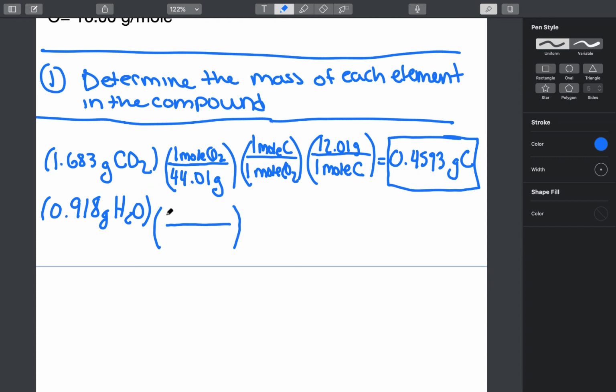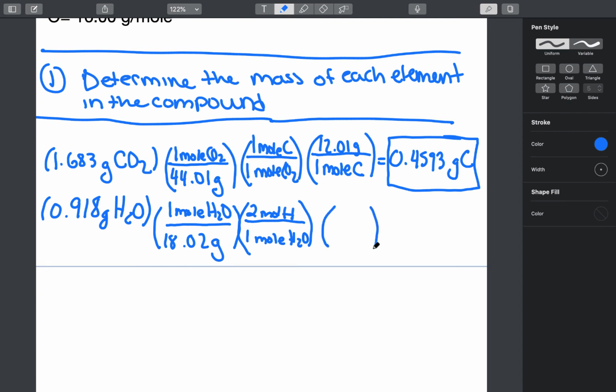So the molar mass of water is 18.02 grams per 1 mole of H2O. And now per mole of H2O, there are 2 moles of hydrogen, and per 1 mole of hydrogen, you have 1.01 grams.